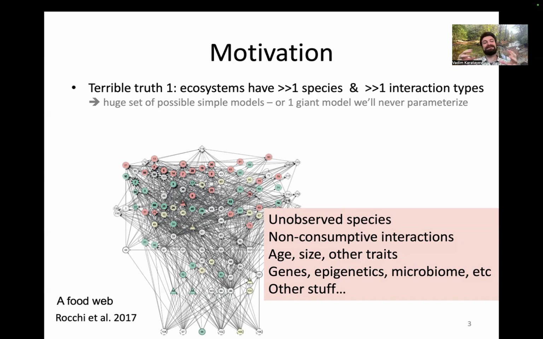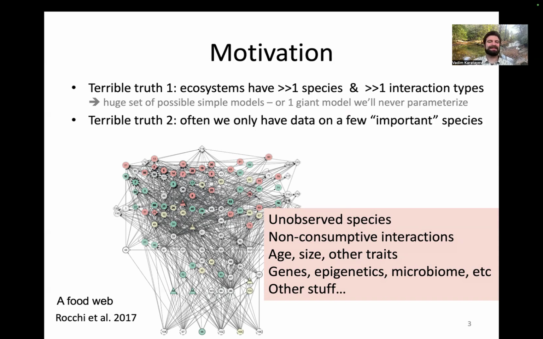We should think of ecosystems and complex systems as, in any particular one, there's going to be a collection of a few processes that are going to be important. But what those processes will be will vary from system to system. So that's the view I have. And then the other terrible news here is that usually we have relatively little data in ecosystems.